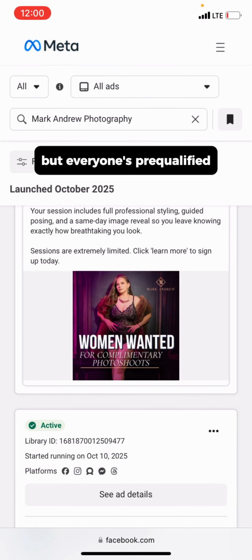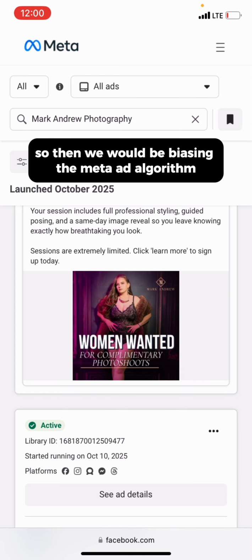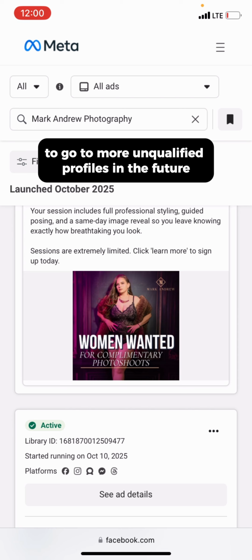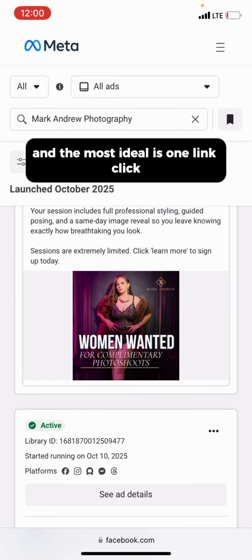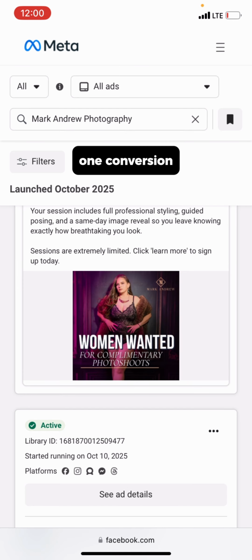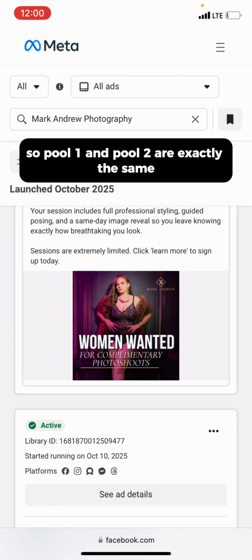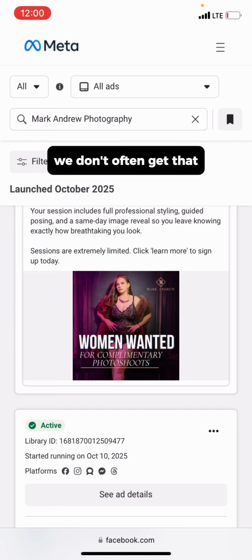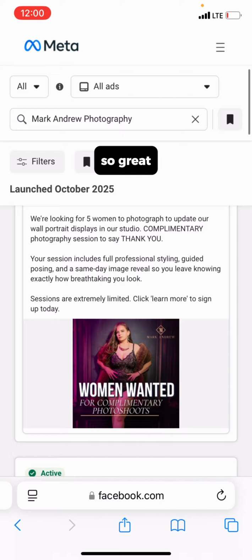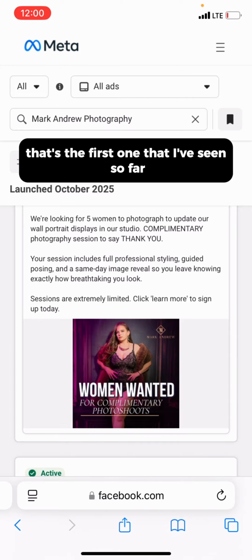Then we would be biasing the Meta ad algorithm to go to more unqualified profiles in the future. The most ideal is 1 link click, 1 conversion, so pool 1 and pool 2 are exactly the same, but we don't often get that. So great, now I'm making mistake number 9. That's the first one that I've seen so far.